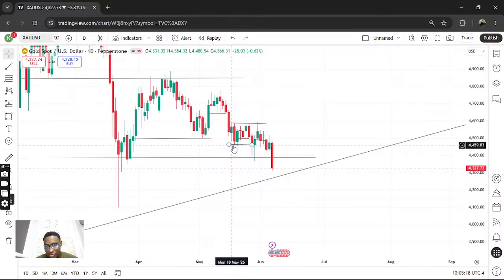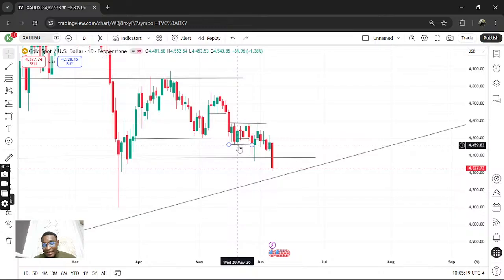Now, I want you to take note. Last 2 weeks, gold has been ranging at this point. If you look at the bodies of all the candles at this point, you can see that all the bodies of these candles closed inside this range.